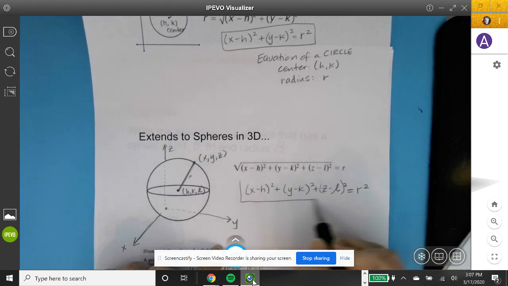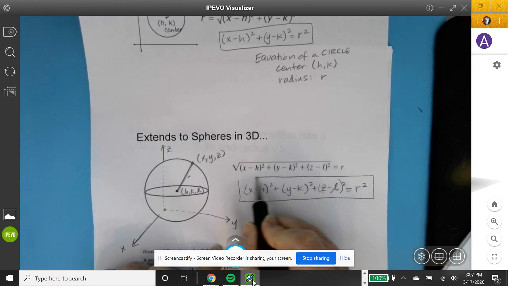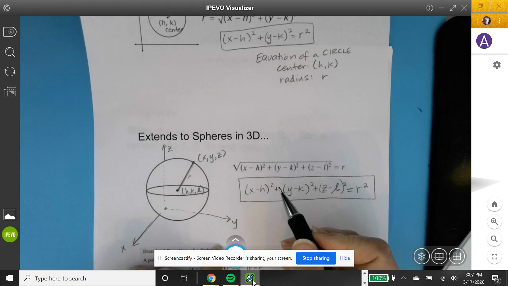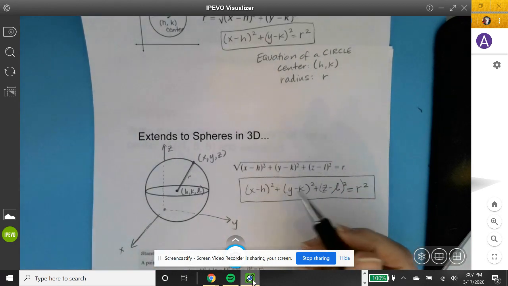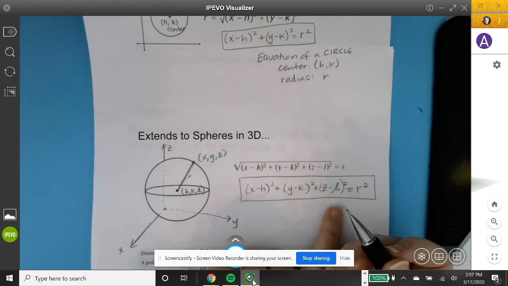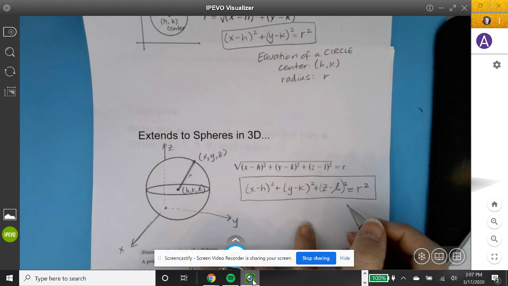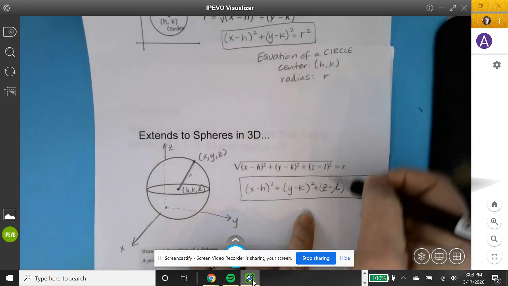So what's the only difference between the equation of a circle and an equation of a sphere? It is just adding a Z component.